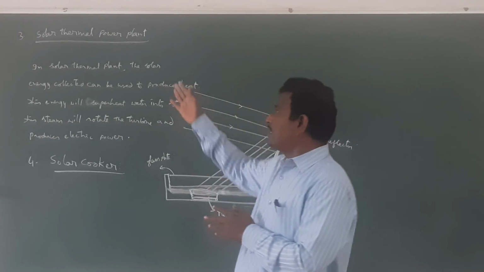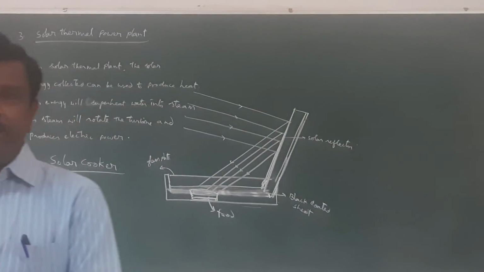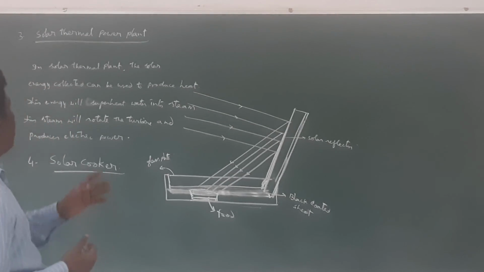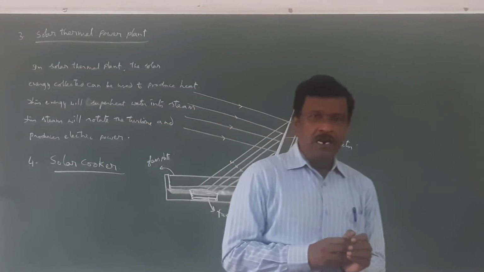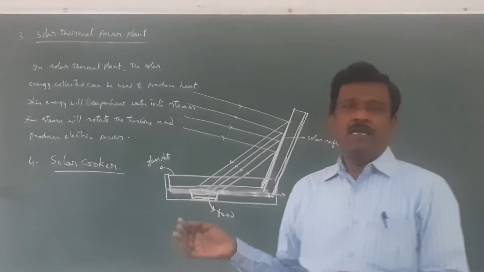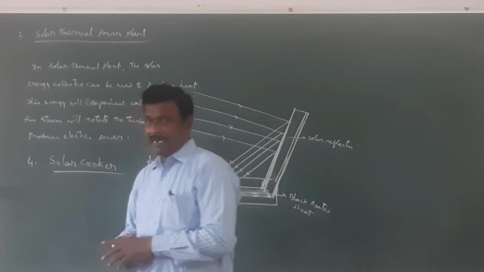So in the case of a solar thermal plant, instead of using fossil materials for producing heat energy, you can utilize solar energy for producing steam and rotate the turbine, thereby the mechanical energy can be converted into electrical energy.